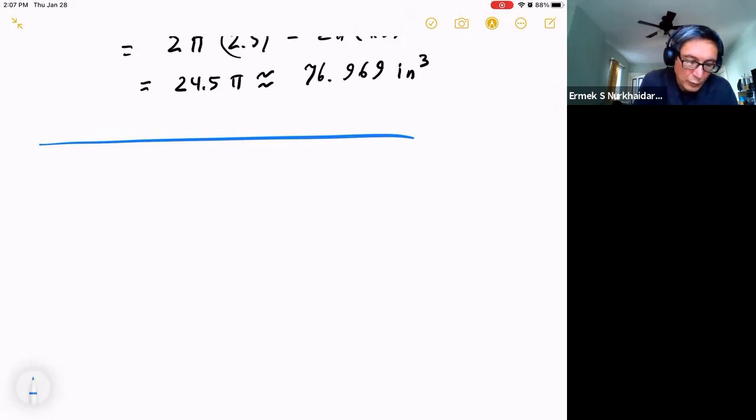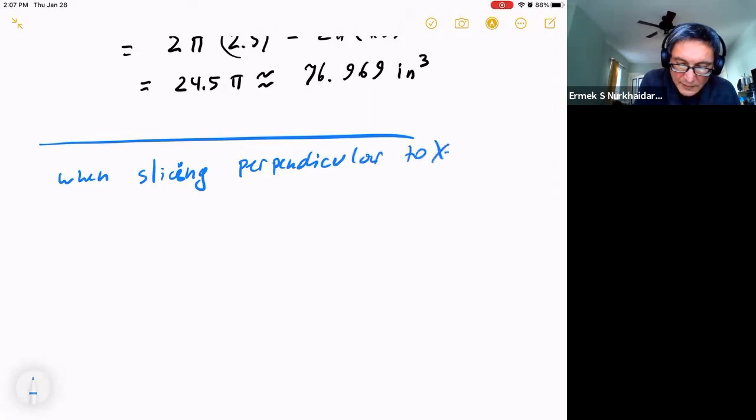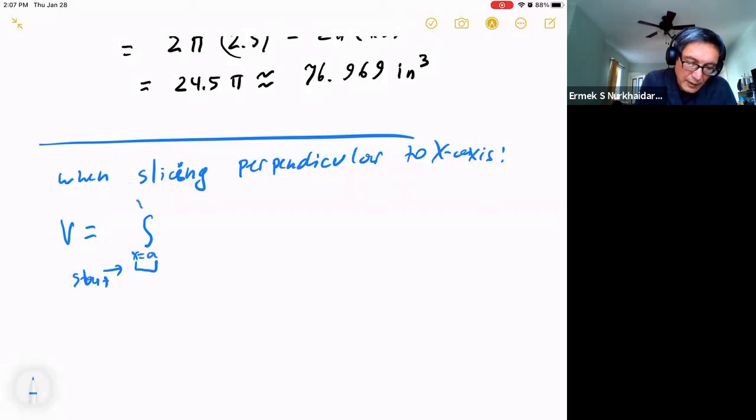So when slicing perpendicular to the x-axis, the volume is going to be equal to the integral. Again, that's where I start, x equals a, and x equals b is where we finish.